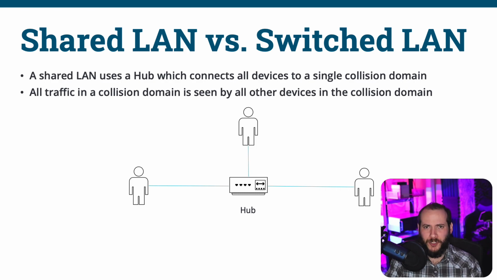See, before switches were relatively cheap and easy to acquire, many network environments relied on hubs. A hub essentially takes multiple physical connections and merges them into a single wire. From the perspective of the devices connected to the hub, they see all other devices as though they were physically connected to the same piece of wire.